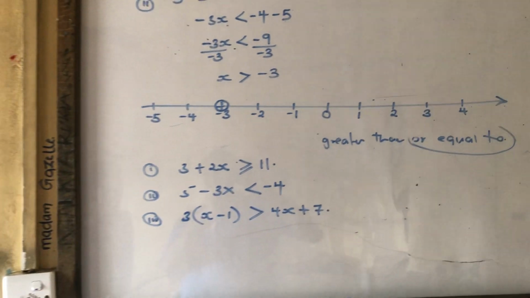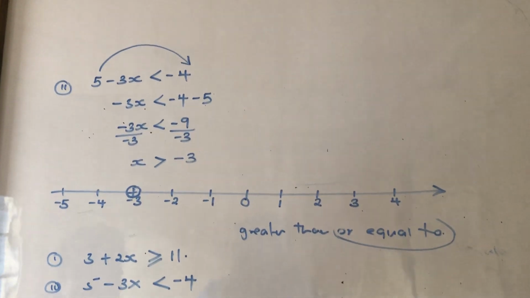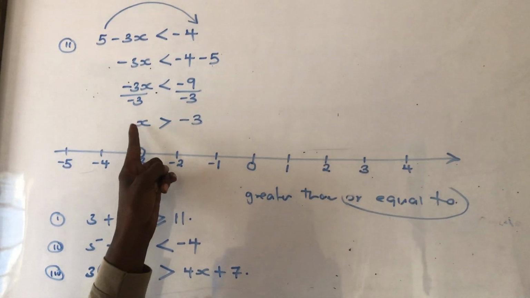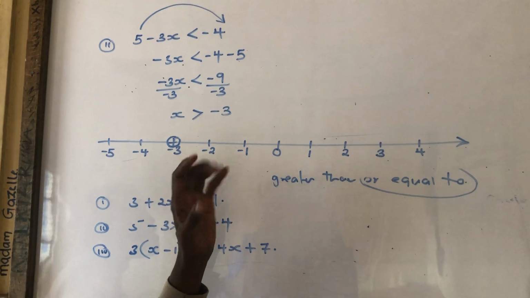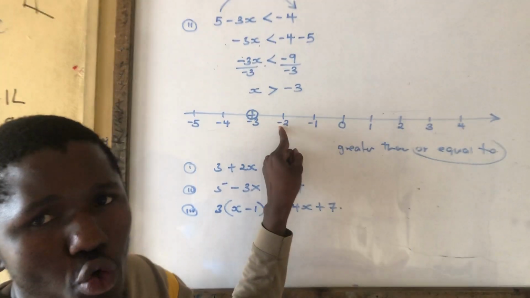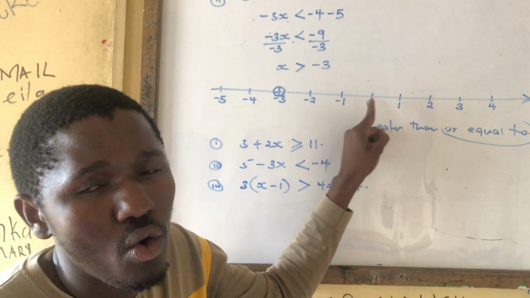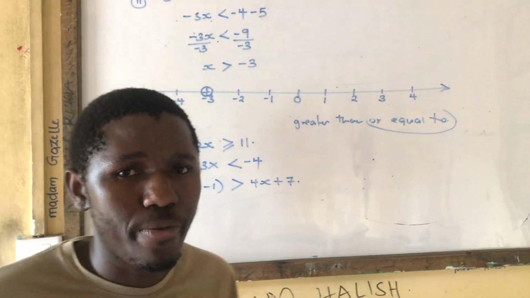When we say that x is greater than negative 3, which numbers could we be referring to? When we say that x is greater than negative 3, the possible integral values of x will be negative 2, negative 1, 0, 1, 2, and so forth.